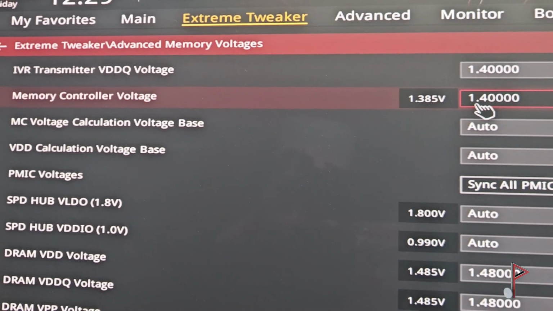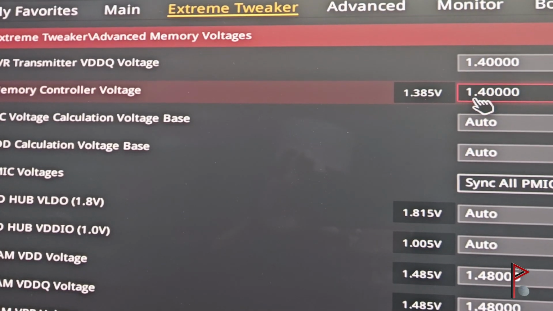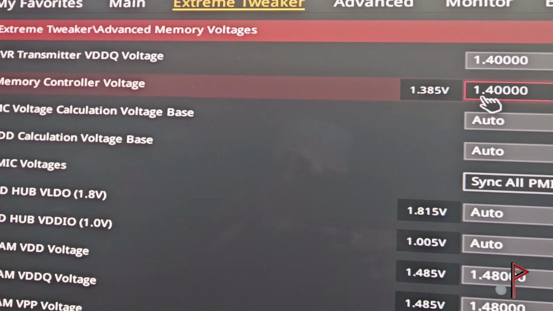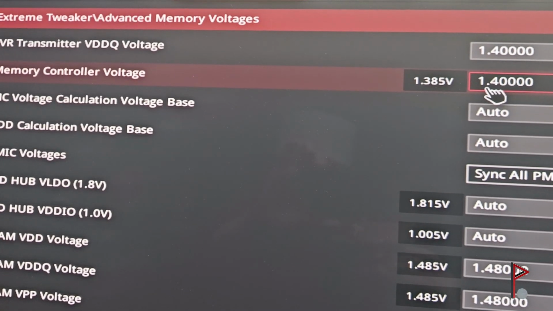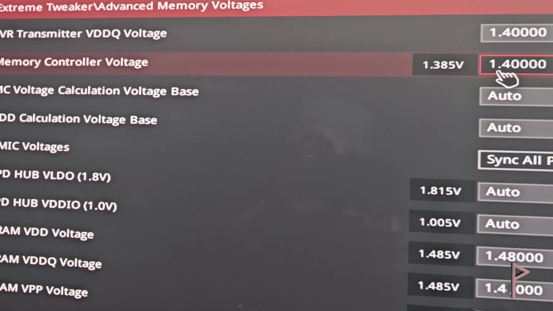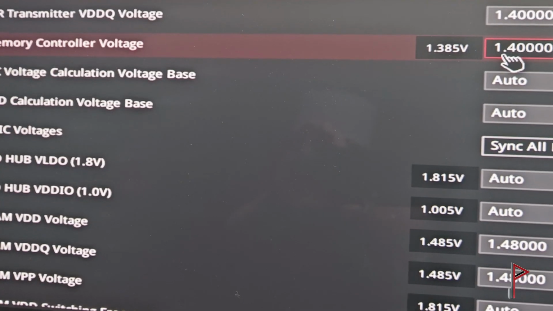So what are these? Well, the CPU VDDQ is basically the necessary voltage for the data I/O lines between the memory controller and the RAM. All right, I'll get into this further when I explain DRAM VDDQ because they perform a similar function.